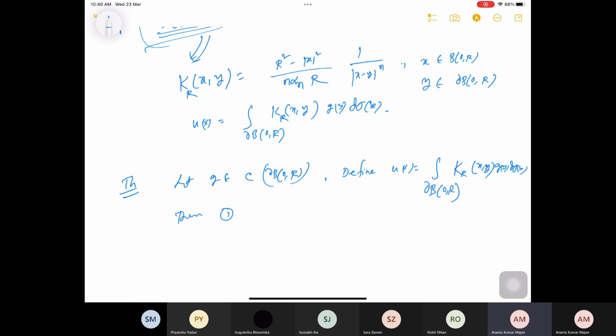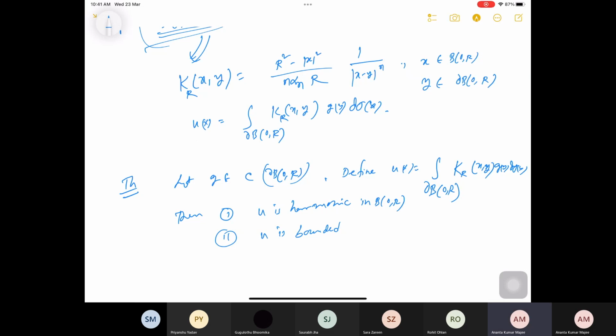Then I have the following: u is harmonic in the ball of 0, r, that means Laplace of u is equal to 0. 2a, u is bounded. Okay, so I need to see u is continuous on dou B of 0, r, so it is automatically bounded, no?